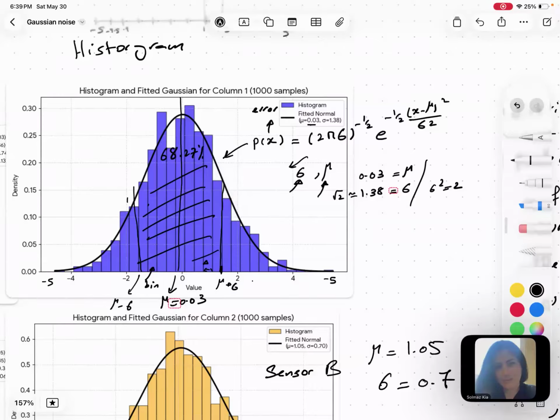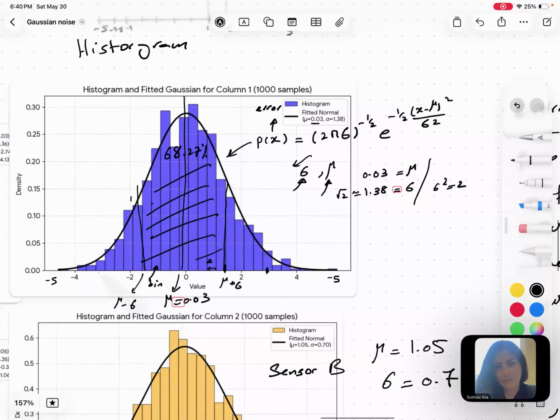Then you can get the 2 sigma, which is about 2.8 or something like that, about here. So now you can say, okay, 95% of my data is here. And you can do the 3 sigma, which is going to be probably around here. And 99 point some little percentage of the data is going to be here.